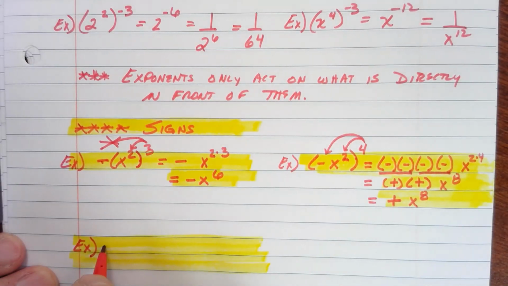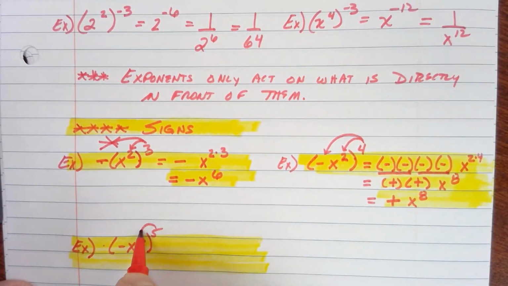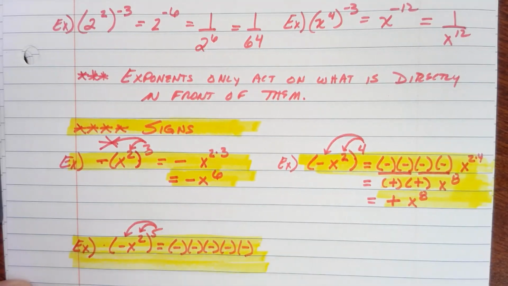If I have a negative on the inside, there are going to be 5 negative signs. A negative, a negative, a negative, a negative, and a negative. And again, these two make a positive, these two make a positive, and there's 1 left over.